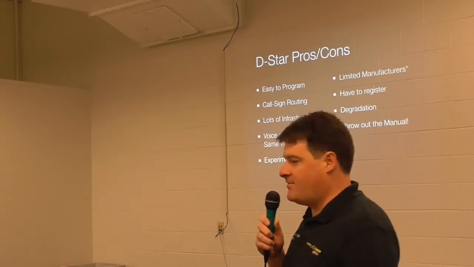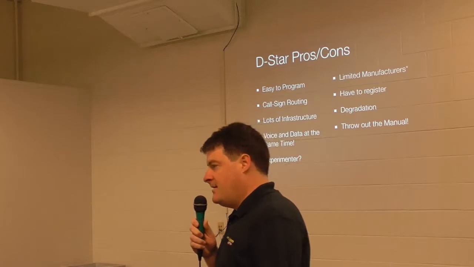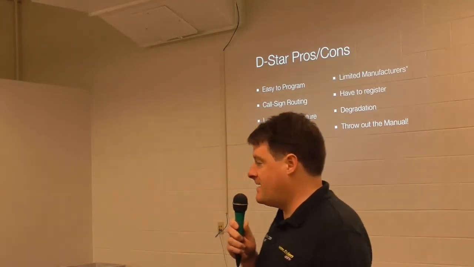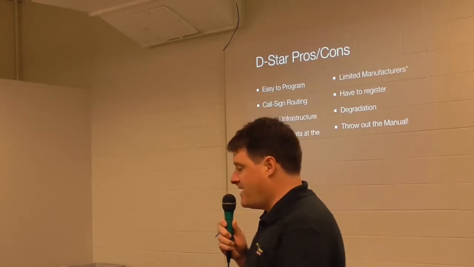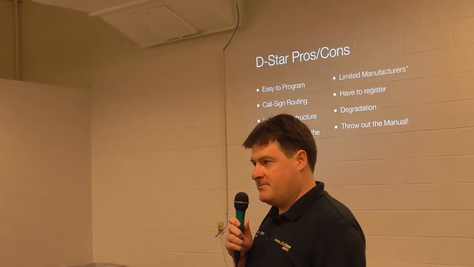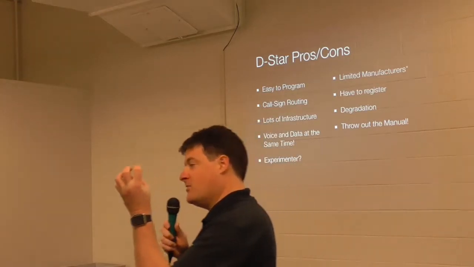It's called call sign routing. Call sign routing is kind of the beauty of D-Star. If you're a traveler, or you've got a buddy that travels you want to talk to all the time, you can actually punch into your radio, find N8ZAK, and the system knows what the last repeater was.